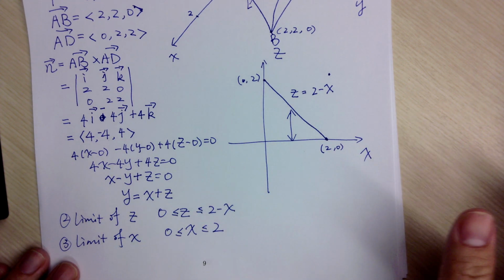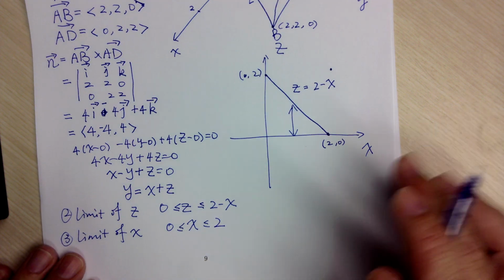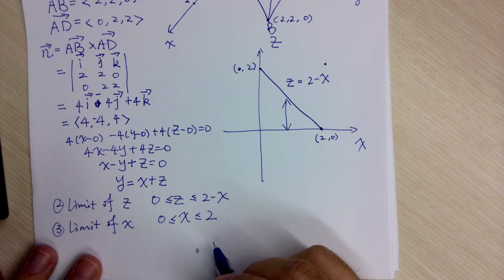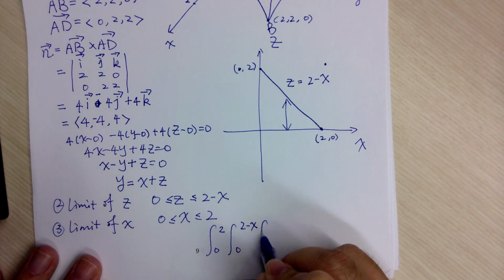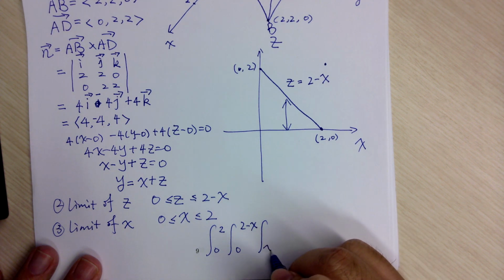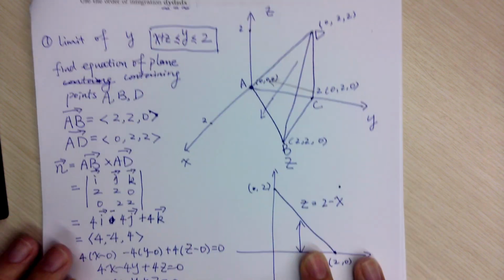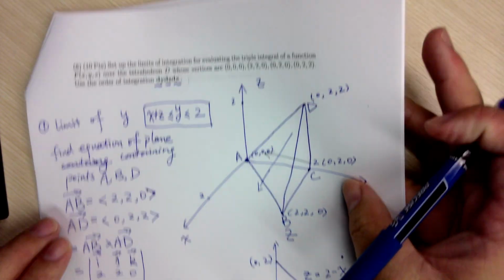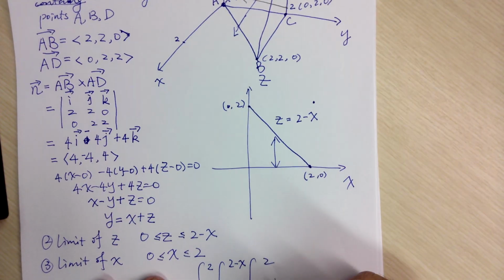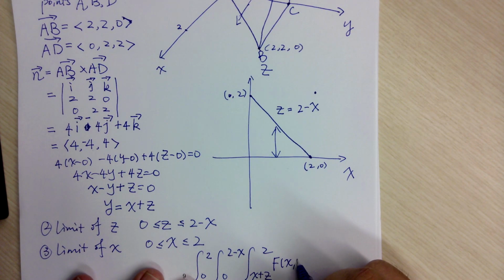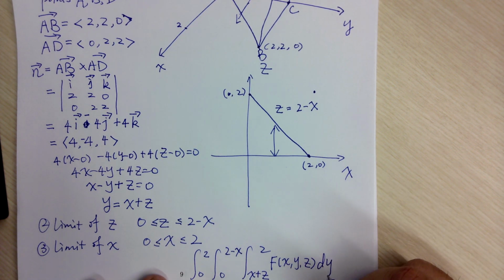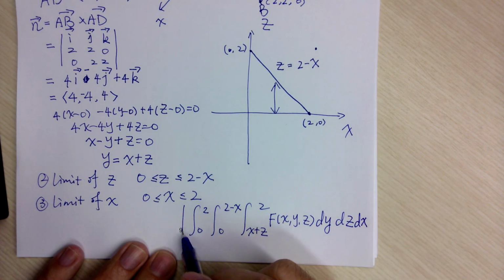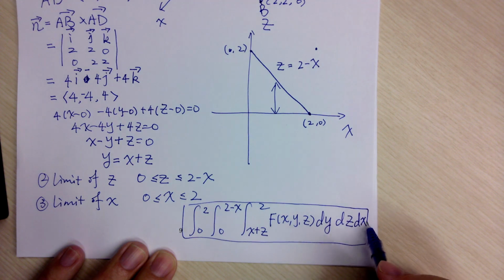Now with every piece here, we can write our integral as the triple integral from 0 to 2, from 0 to 2 minus x, from x plus z to 2, of the function capital F of x, y, and z, dy dz dx. That finishes this problem.